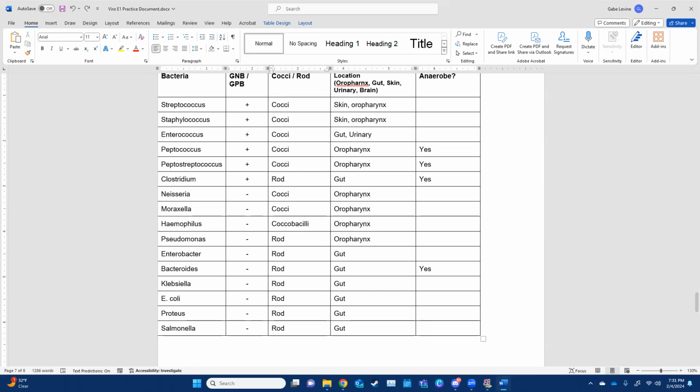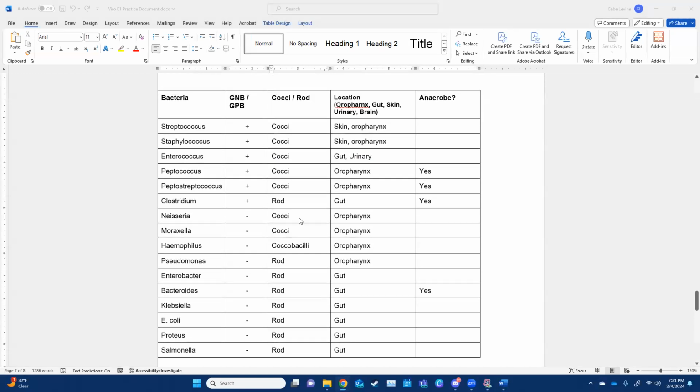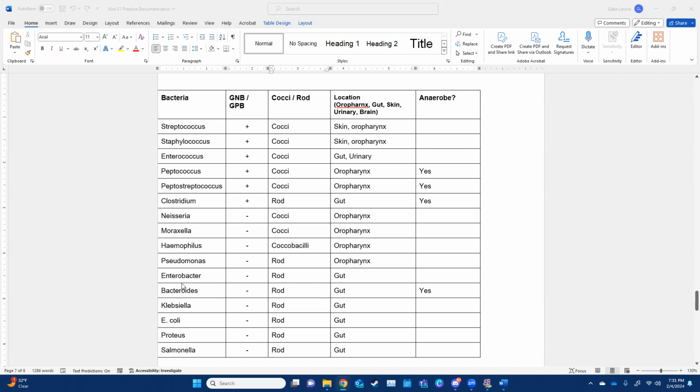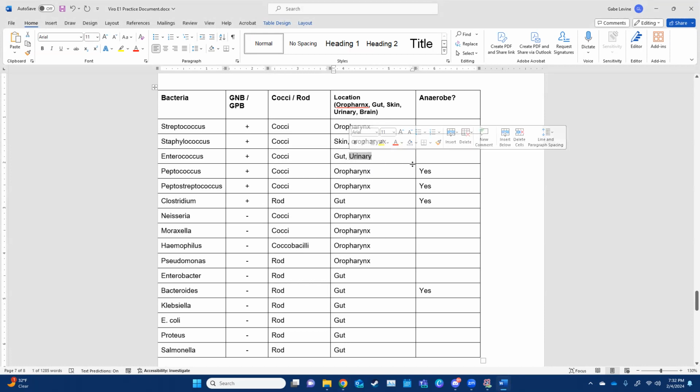Is this helpful for you guys? Okay. All right. Again, not all of these bacteria are normally found in the body. And the biggest thing here is, oops, that should be oropharynx. I put other things that I saw, like Enterococcus can infect the urinary tract. Really, it's the only one. It kind of ruins the pattern. But here it is for you. Any questions about this?